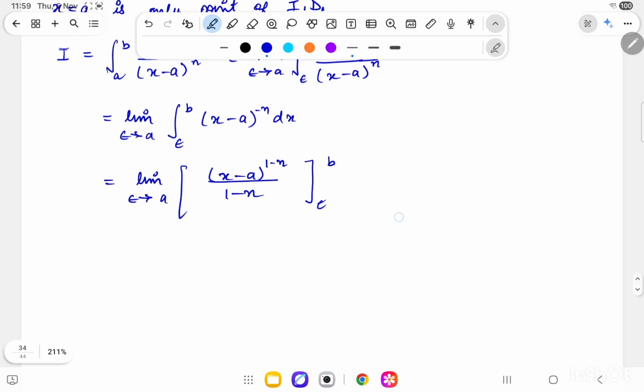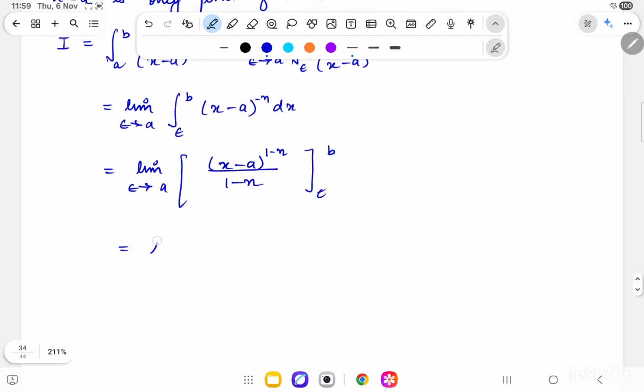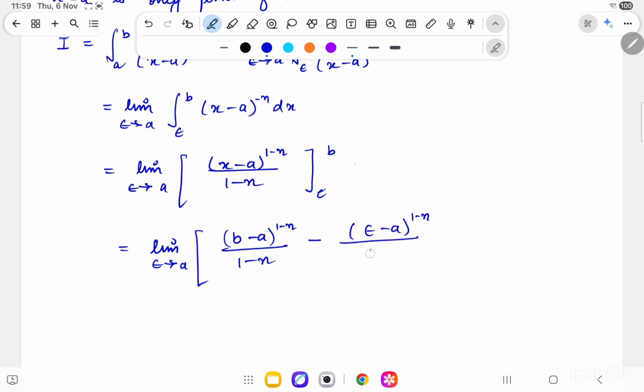Now if we plug in the limits, it will be equal to the limit as epsilon approaches a of (b minus a) raised 1 minus n divided by 1 minus n, minus (epsilon minus a) raised 1 minus n divided by 1 minus n.